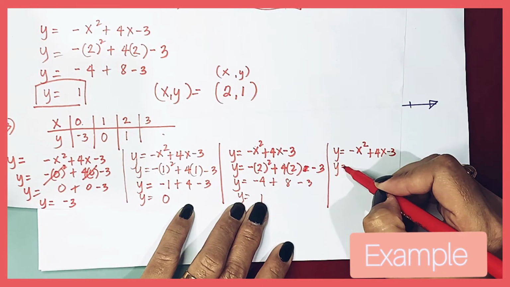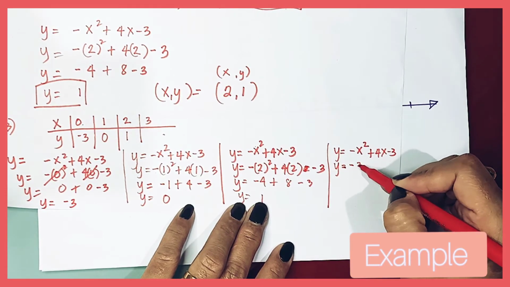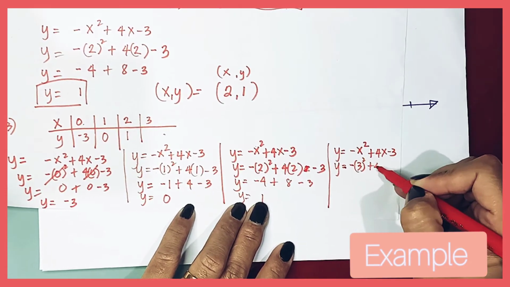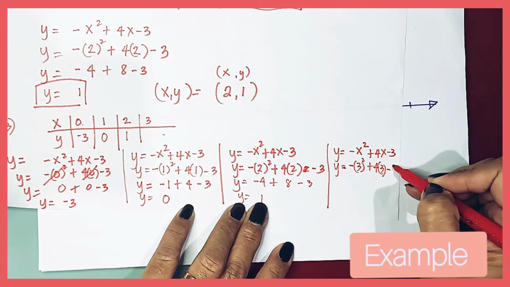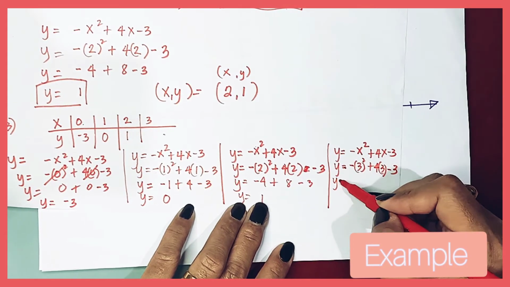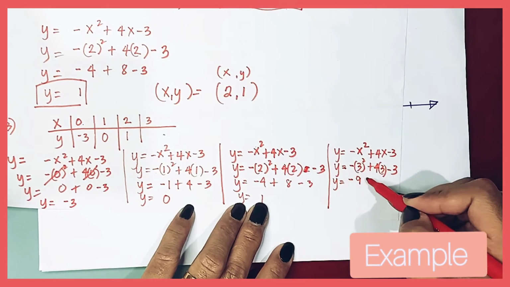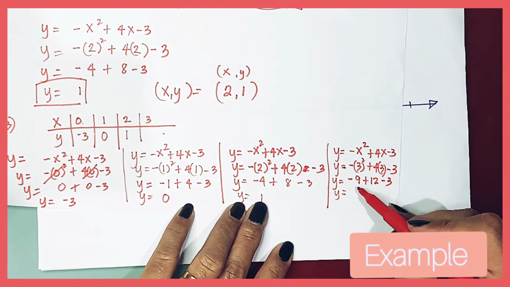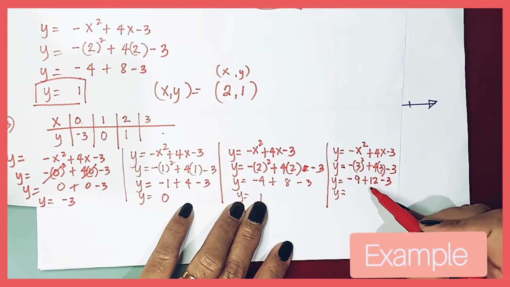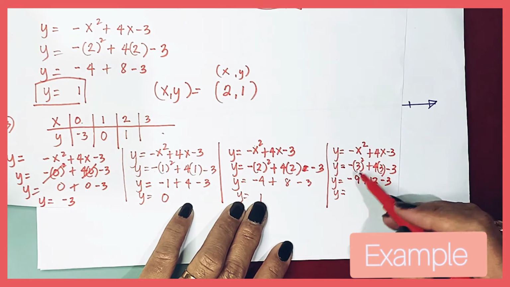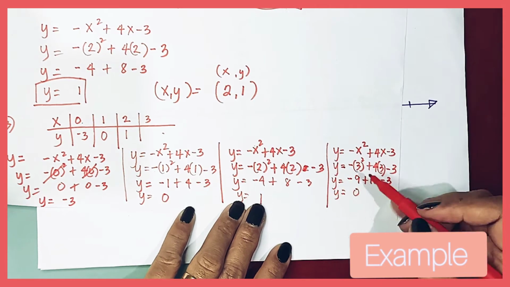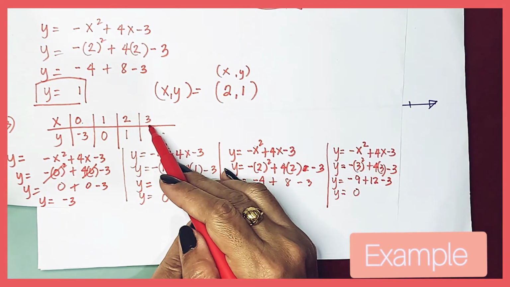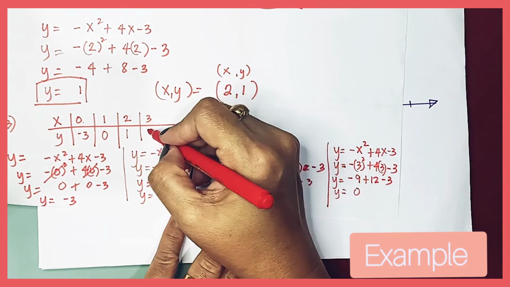So y is equal to negative of 3 squared plus 4 times 3 minus 3. So your y therefore is negative 9 plus 12 minus 3. Negative 9 plus 12 is positive 3, minus 3 is 0. So if your x is 3, your y is 0.